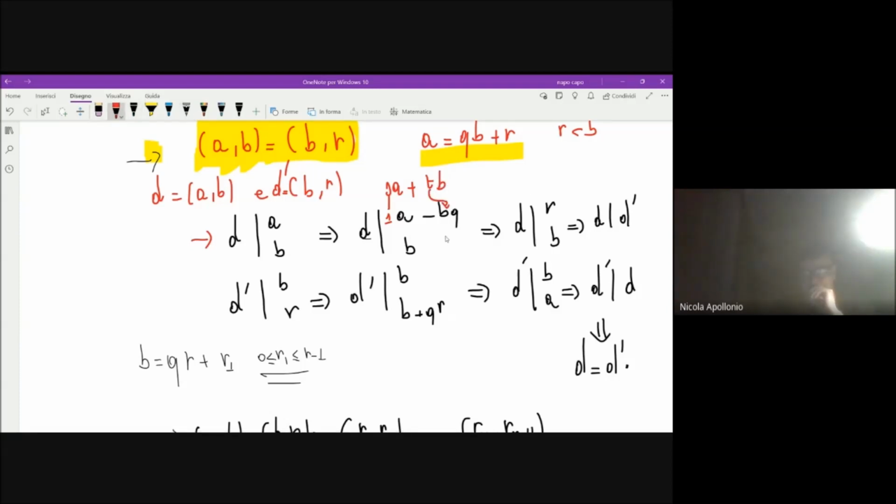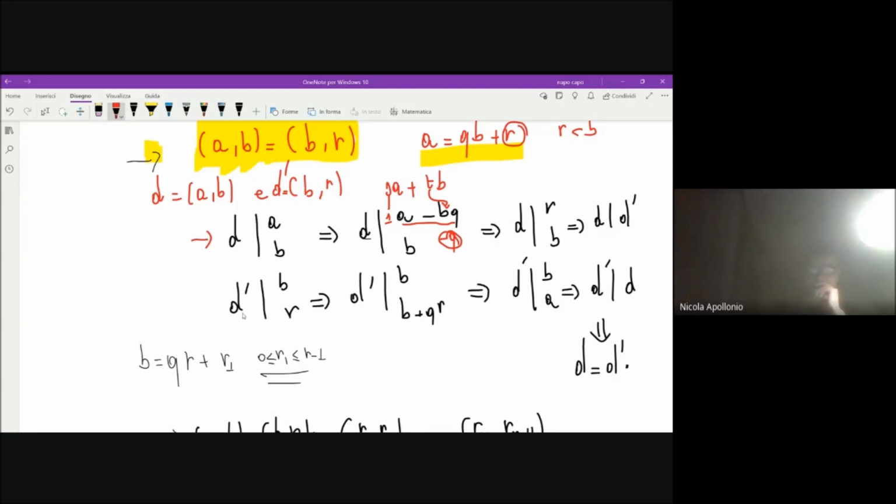And T is equal to minus Q. So this is a linear integer combination of A and B. But A minus BQ is exactly the remainder of the division of A by B. So D divides both R and B. So D divides D prime, which is the greatest common divisor of B and R.